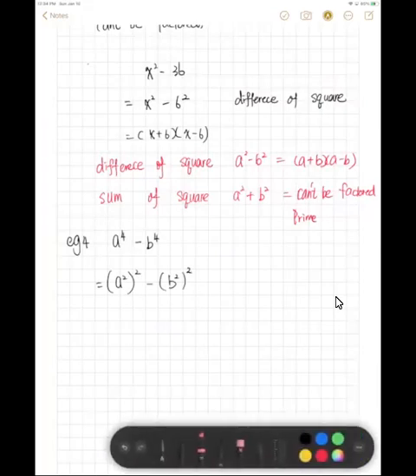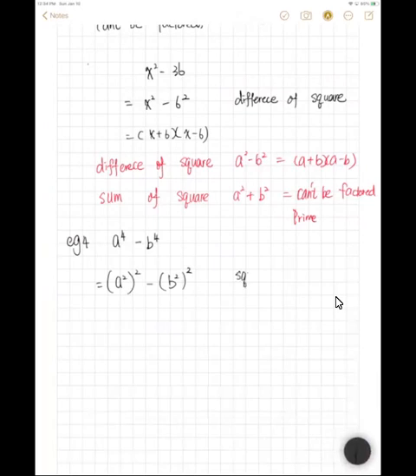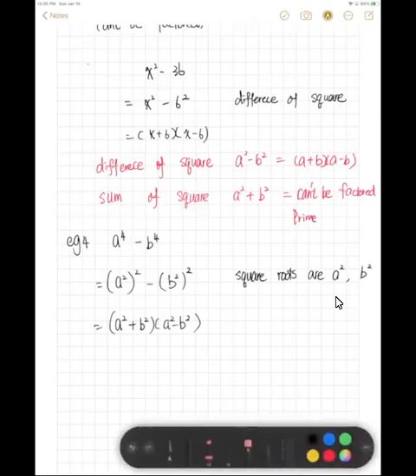And the square roots are what? a squared and b squared, right? That's fine. We can look at this as a whole, and then we apply our difference of squares formula to factor this. So we have a squared plus b squared times a squared minus b squared.